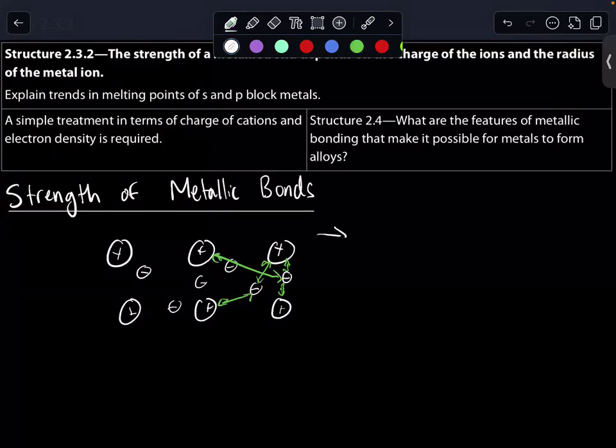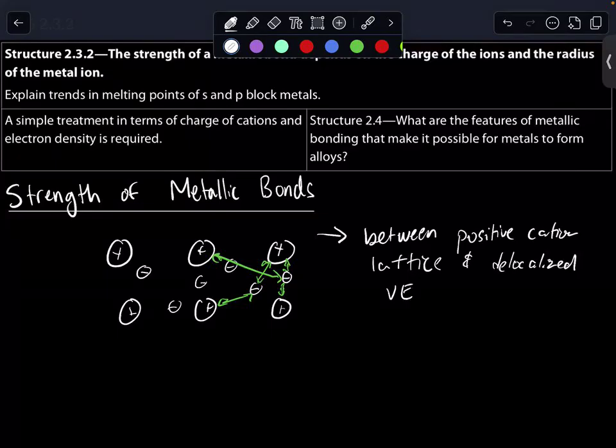So once again, it's between the positive cation lattice and delocalized valence electrons.